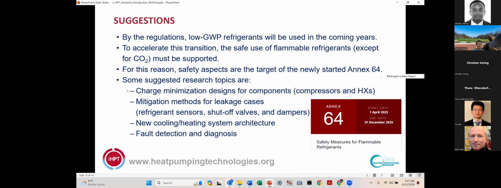Other suggested research topics are minimizing the charge and designing components like compressors and heat exchangers, and developing mitigation methods for leakage cases, such as developing refrigerant sensors, shut-off valves, and dampers, and then developing new cooling and heating system architecture that will allow flammable refrigerant or A2L or A3 refrigerant, and developing FDD technologies.